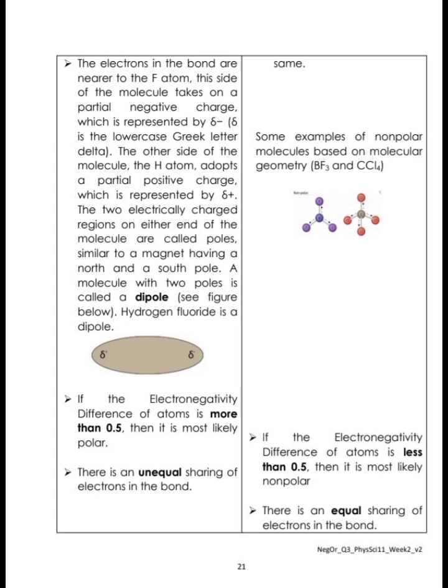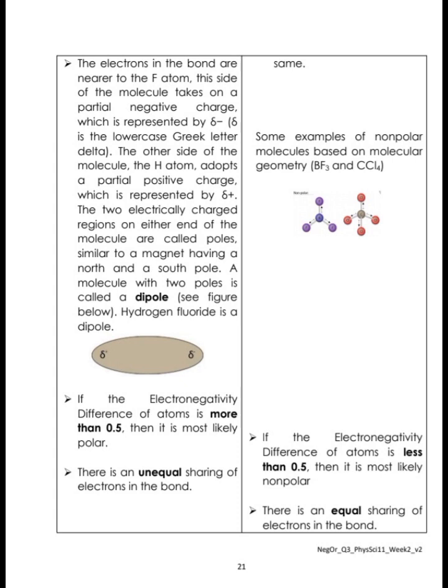The two electrically charged regions at either end of the molecule are called poles, similar to a magnet that has a north and a south pole. A molecule with two poles is called a dipole. See figure below. Hydrogen fluoride is a dipole.